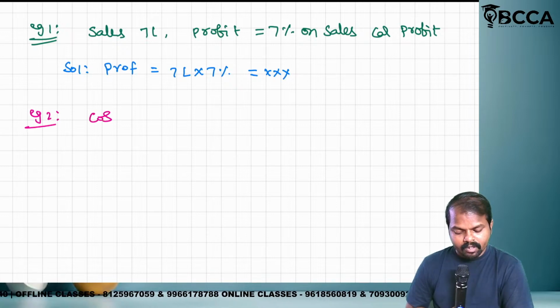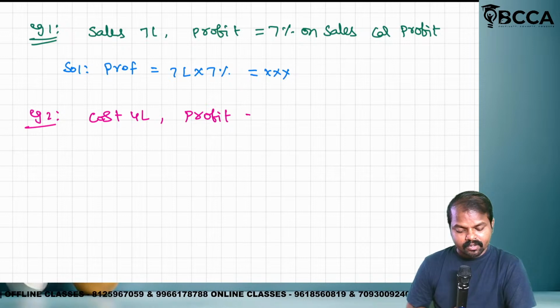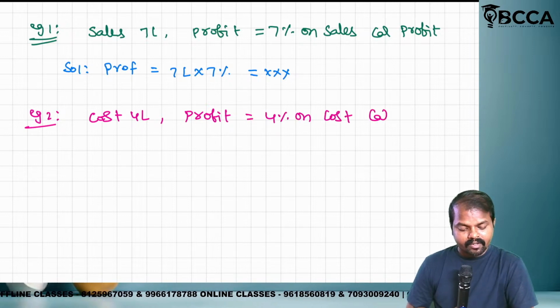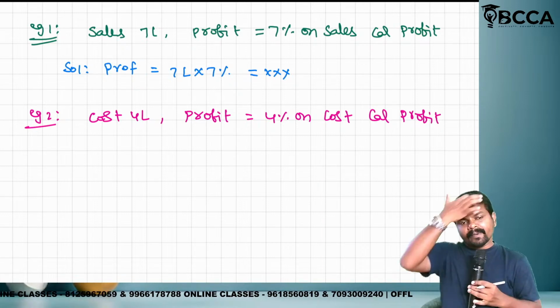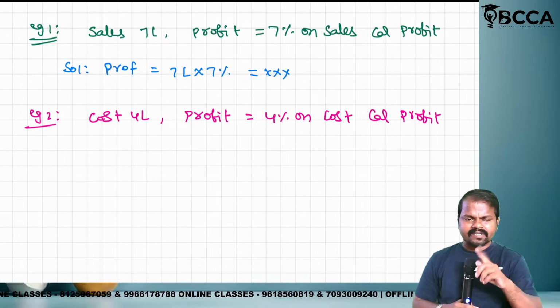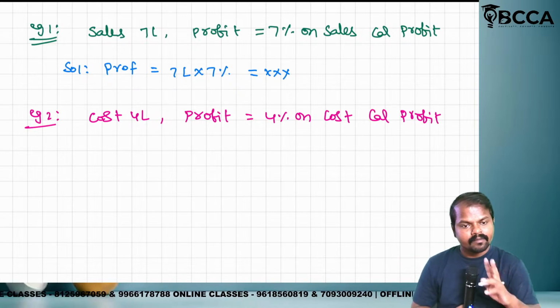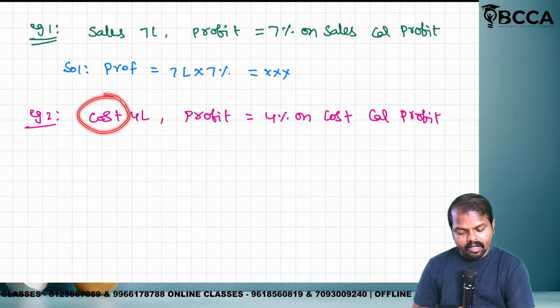Example number 2. Cost is equal to 4 lakh. Profit is equal to 4% on cost. Calculate profit, they asked. Now tell me, what information is given? Cost. What is the percentage on?